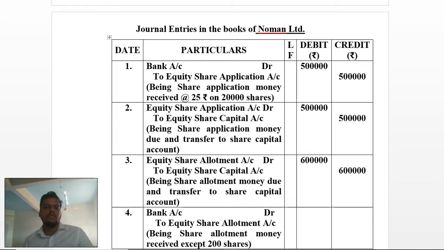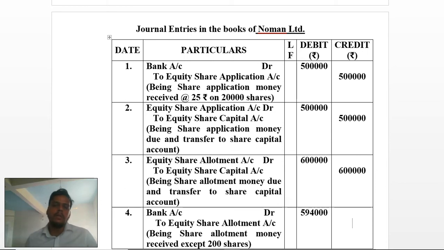I have not written at the rate and so on, but make sure that the amount will now be 5,94,000. As you know, 200 shares multiplied by 30 rupees you have to receive.